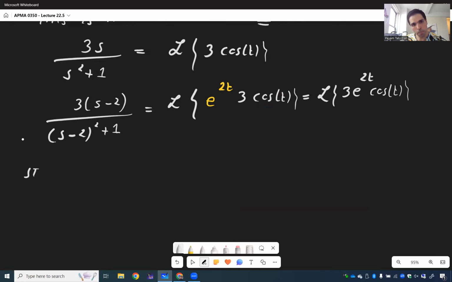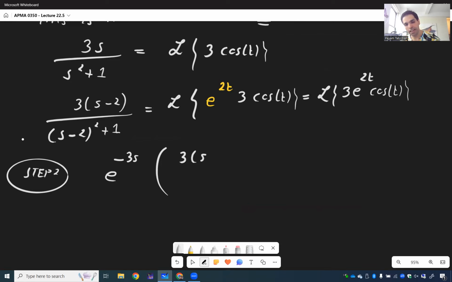So step 2. So what do we have? We have this e to the minus 3s times this 3 times s minus 2 over s minus 2 squared plus 1.